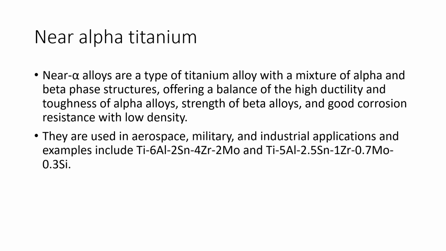This kind of alloys is always used in aerospace, military, and industrial applications. Examples of this alloy include titanium 6 aluminium 2 stannum 4 zirconium and 2 molybdenum, and also titanium 5 aluminium 2.5 stannum 1 zirconium and 0.7 molybdenum and 0.3 silicon.